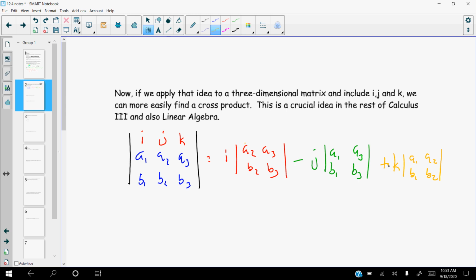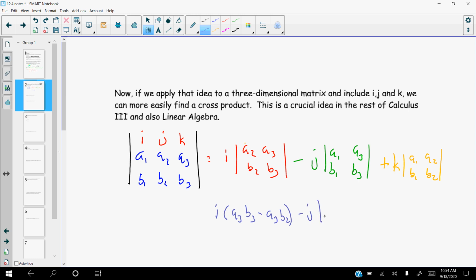All right, so now let's go ahead and actually finish this off. So now what we have is I doing the 2 by 2 determinant that's multiplied times the I, which is A2, B3 minus A3, B2. Main diagonal, off diagonal.